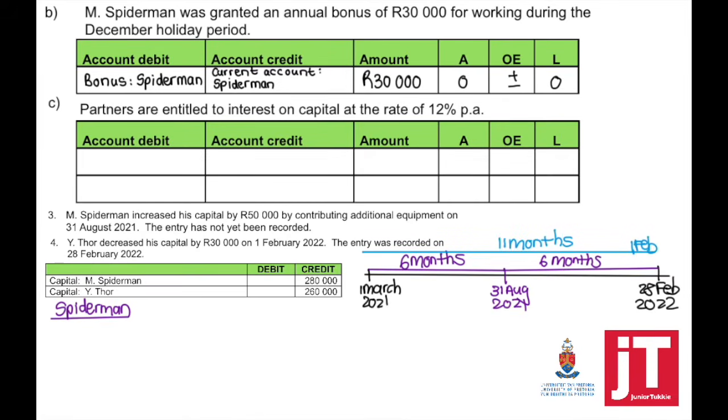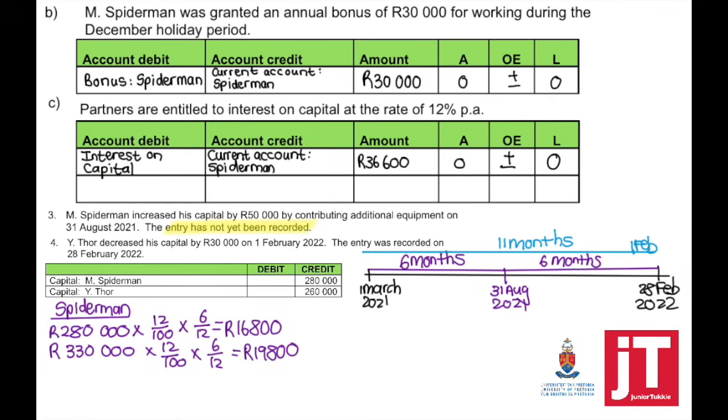So if we look at Spider-Man, Spider-Man increased his capital by 50,000 on 31 August. So it means for 6 months, his interest must be calculated on one balance, and for 6 months it must be calculated on another balance. But what are those balances? The entry has not yet been recorded.